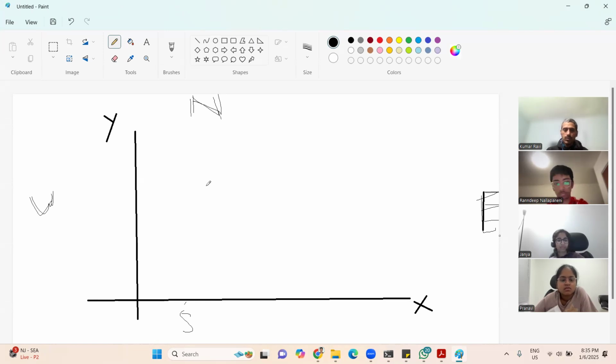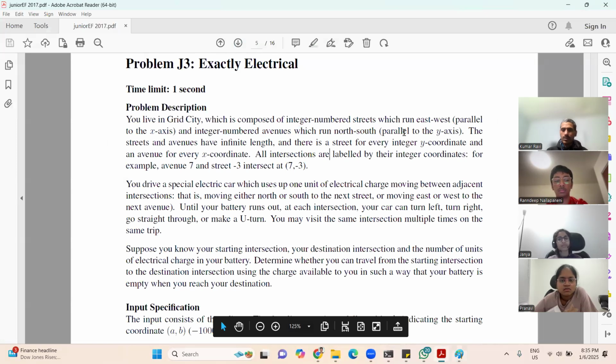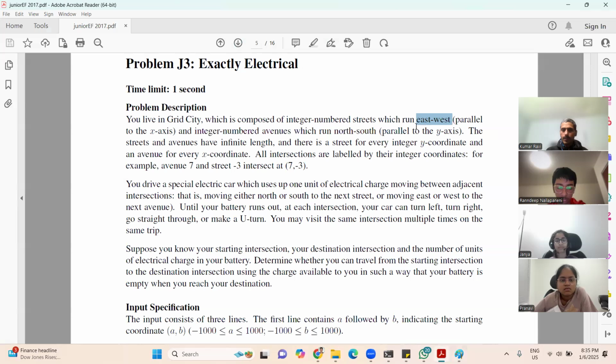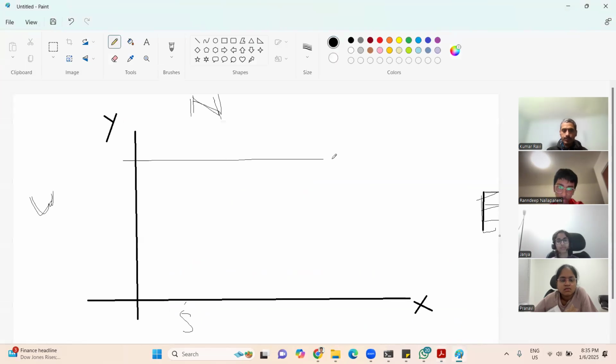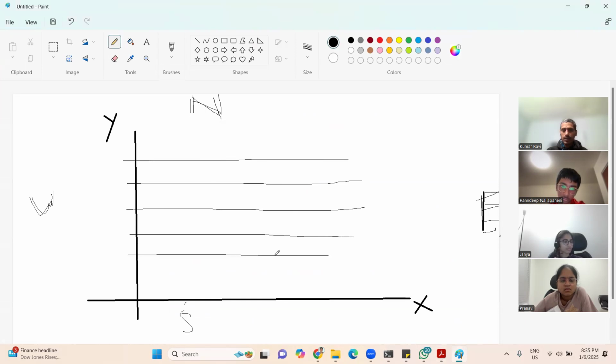Even if you read this question, they mention north, south and all just to make you understand how the streets are going and how avenues are arranged. So this is the first street, another street, another street, likewise. So street numbers 1, 2, 3, 4, 5, and 6.